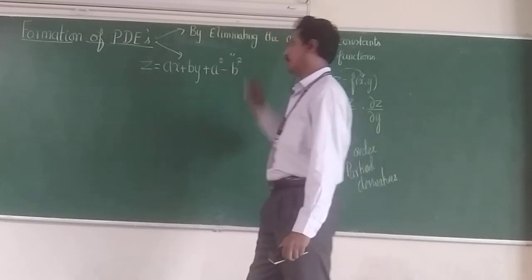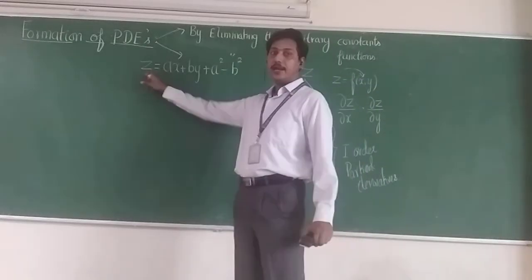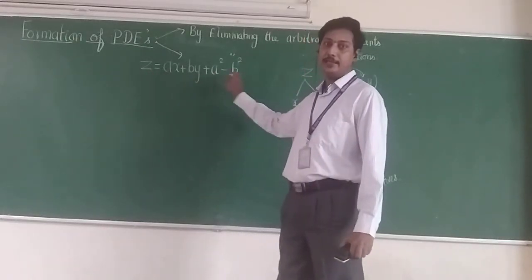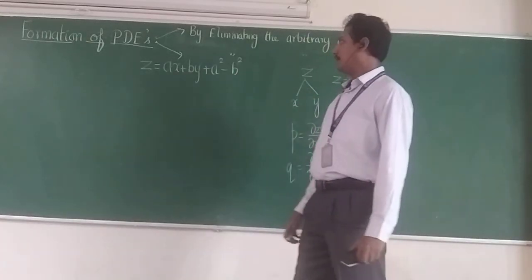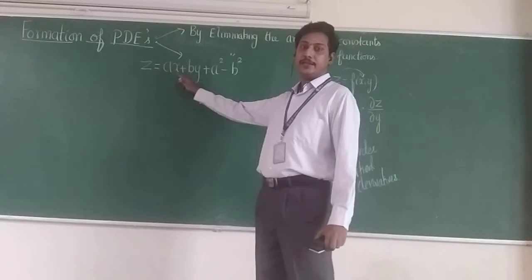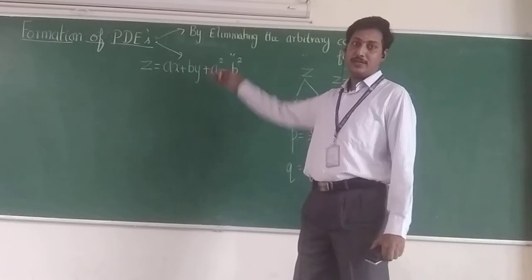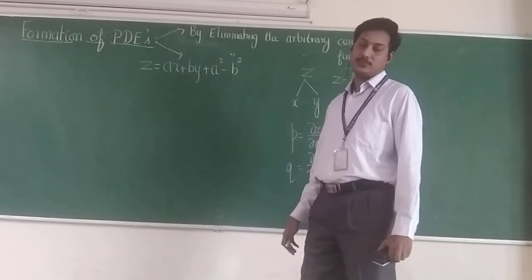This is my given relation between z and x, y. It involves some arbitrary constants like a and b. Clear? Now, my ultimate aim is to eliminate the arbitrary constants. While eliminating the arbitrary constants, we will get the requirement, that is the partial differential equation.